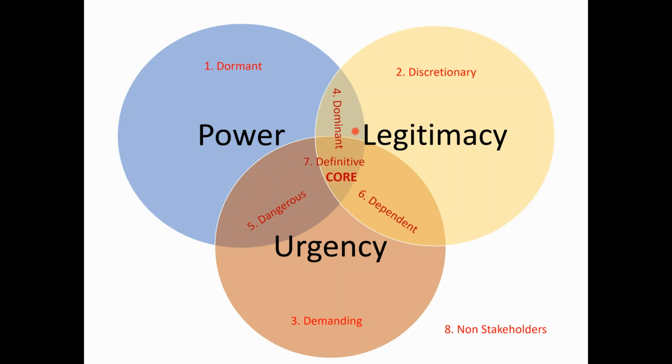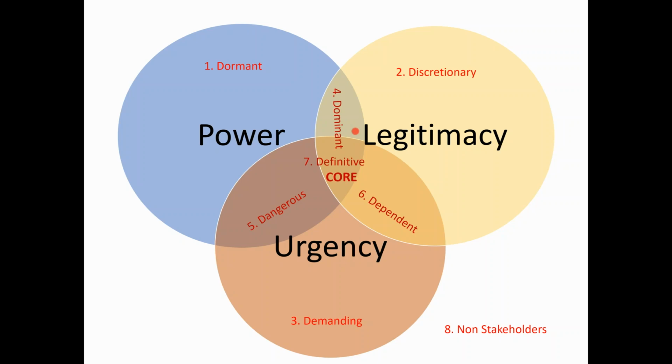He will consider him, he will choose him or not choose him as per his own discretion. It's not the discretion of the stakeholder. Exactly. It's not that he will exercise his legitimacy or his power or not, because all he's lacking is urgency. When he feels it's urgent, he will exercise his right to be demanding. If not, I thought it was discretionary on the part of the stakeholder.